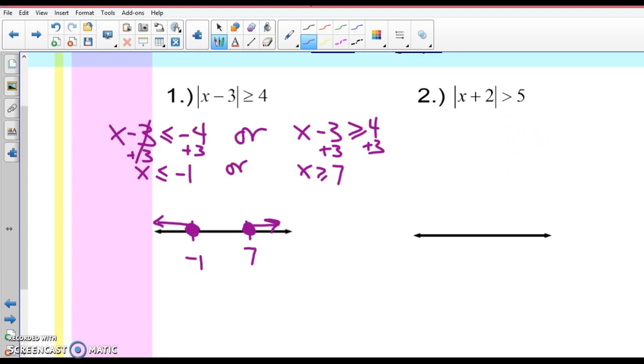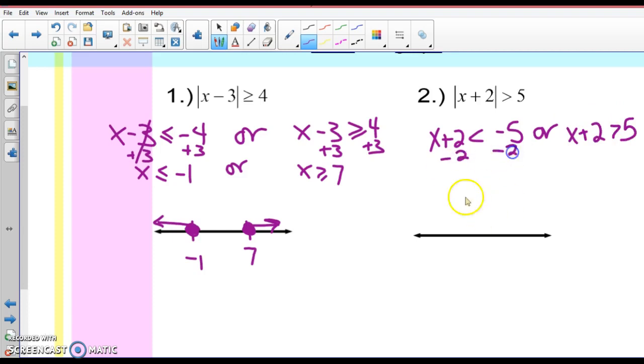This is a greater than. Think about greater than. What does the graph look like? Out. So, who can tell me the bottom half of the inequality? Or, Nick? Correct. Solve it.